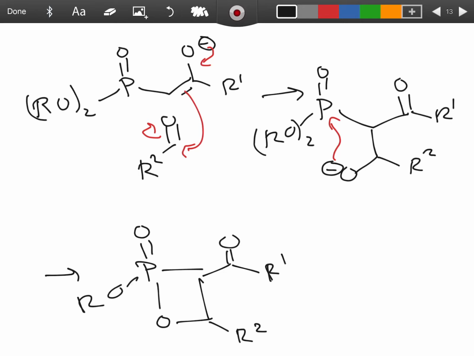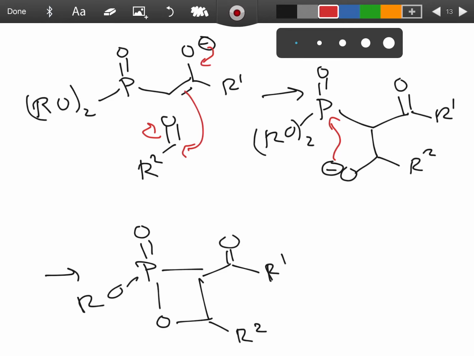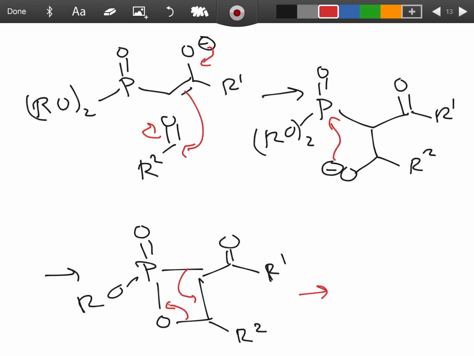And then this will fall apart. These electrons will go here, these electrons will go here, and you'll make, normally, a trans double bond. So that's kind of the base mechanism.